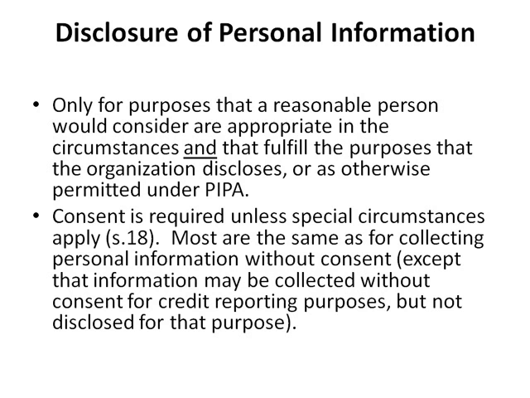And the Act says, again, that you have to think always about the purposes, and the purposes have to be reasonable. That a reasonable person would consider are appropriate and fulfill the purposes that the organization has disclosed to the individual or as otherwise permitted under the legislation.